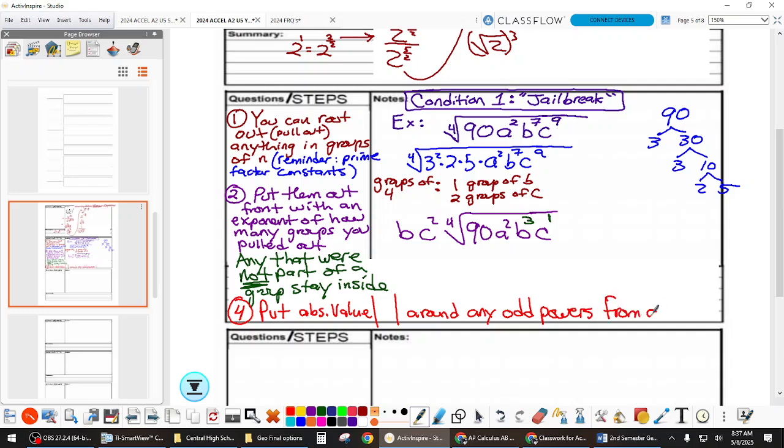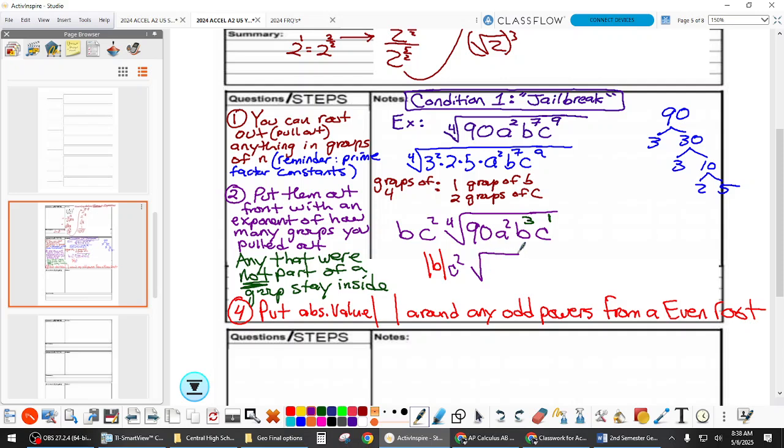So any odd powers from an even root. So only the b needs it in here. So absolute value of b, and then c squared. Or we could do c squared absolute value of b. The order there is okay.